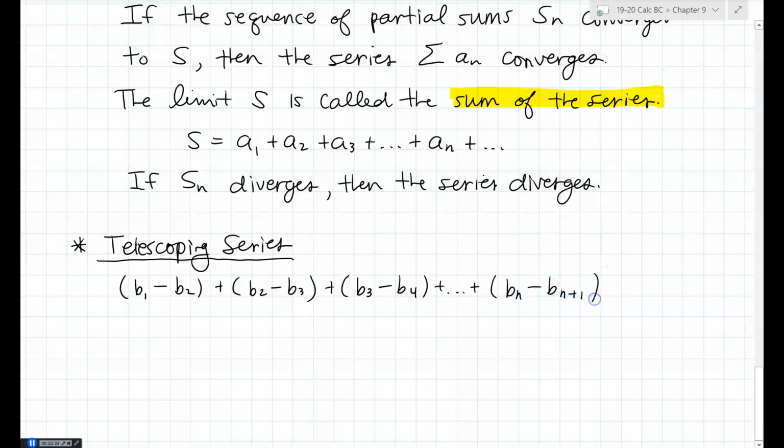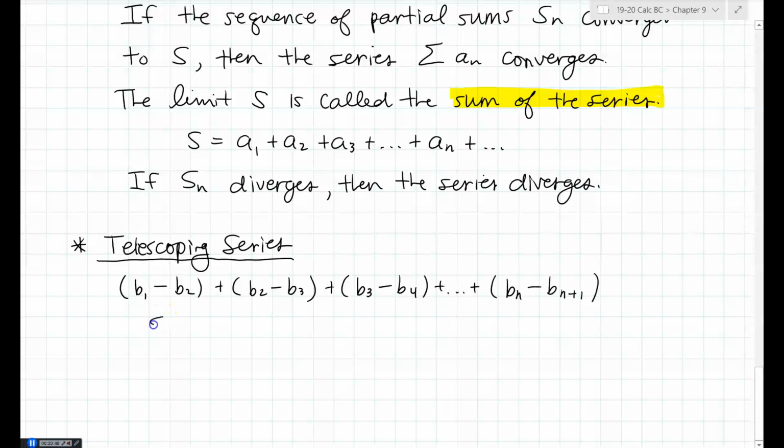Now we're just going to the nth term in that series that I'm showing you. But notice all the middle terms are going to cancel out, right? Because b sub 2 minus b sub 2, that's gone. Minus b sub 3 plus b sub 3, that's gone. Eventually, right before I wrote b sub n, there was a negative b sub n there. But that's gone too.